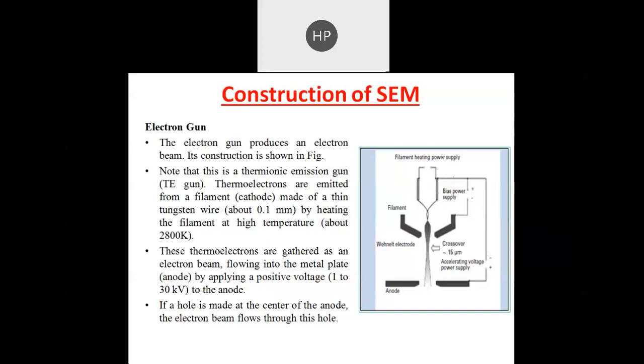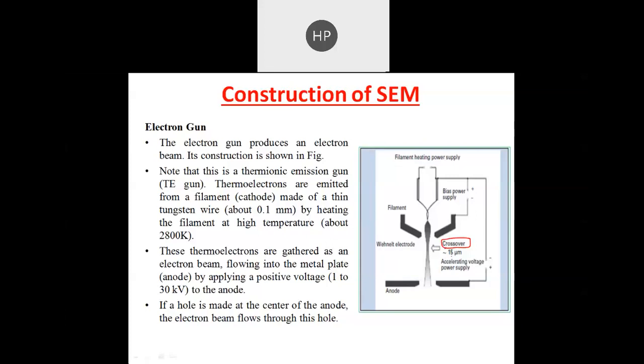As we supply the current through that electron gun, thermoelectrons are emitted, and those thermoelectrons are accelerated through this anode, and where these thermoelectrons have a very small diameter, that point is considered as a crossover.